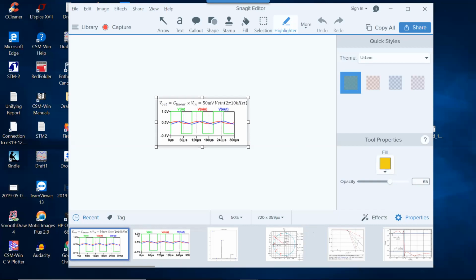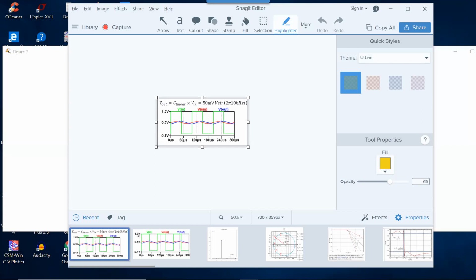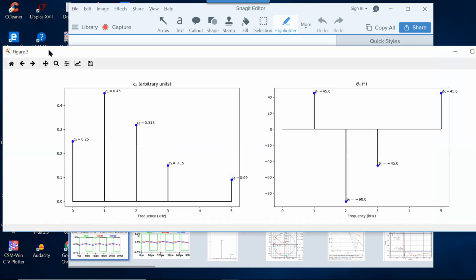So what I'm going to do is I'm going to just show you the Fourier spectrum of the... hold on.